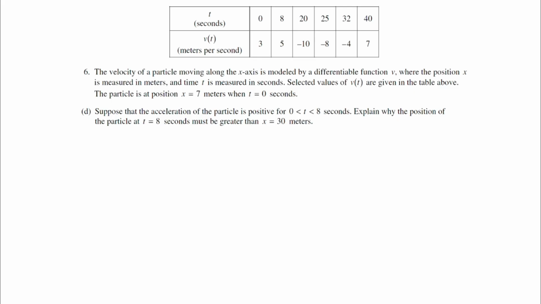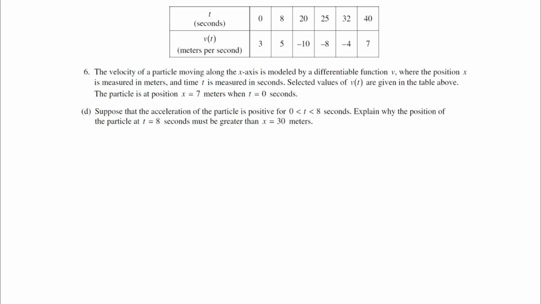And here in part D, it says, suppose that the acceleration of the particle is positive from 0 to 8. And it says, explain why the position of the particle at t equals 8 must be greater than x equals 30.